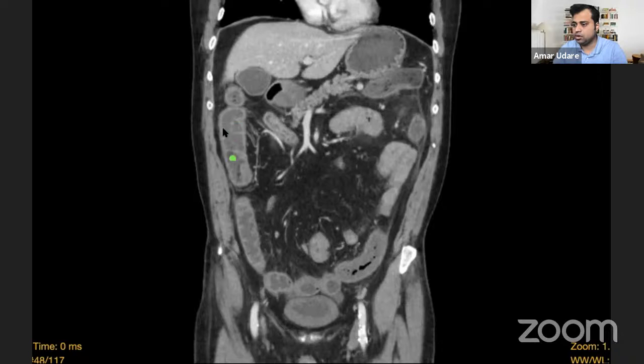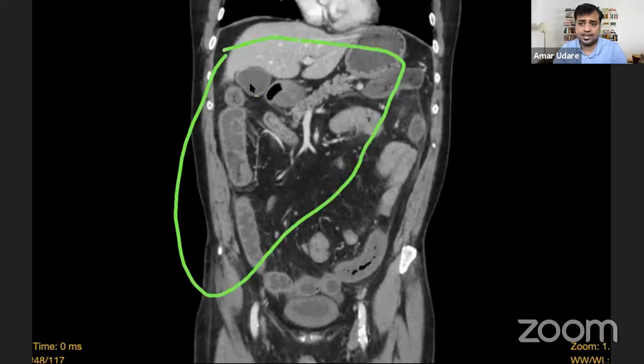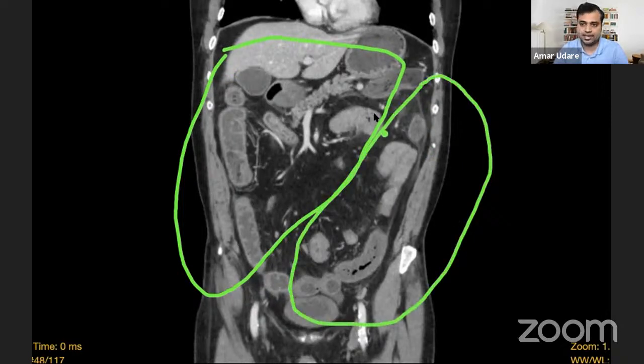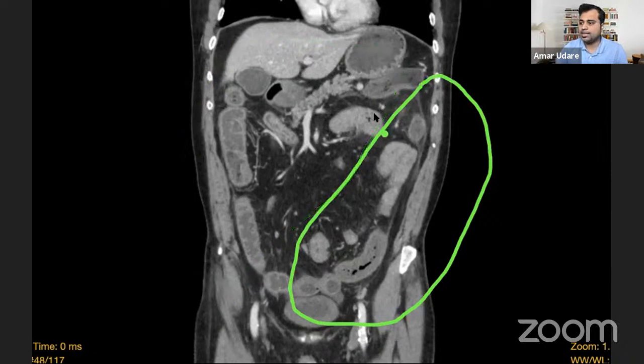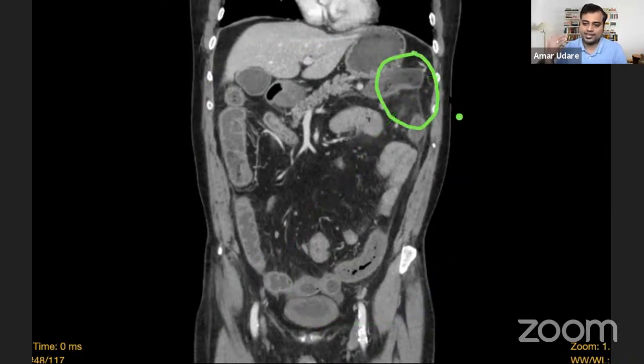Okay. So this portion of the bowel is supplied by the superior mesenteric artery, and this portion is supplied by the inferior mesenteric artery. So this area, the region of the splenic flexure, is what is known as watershed territory.